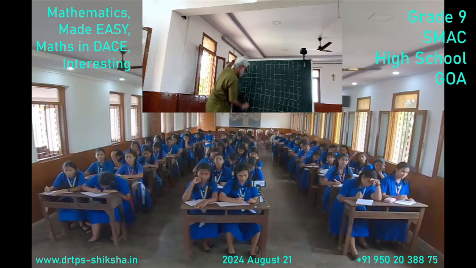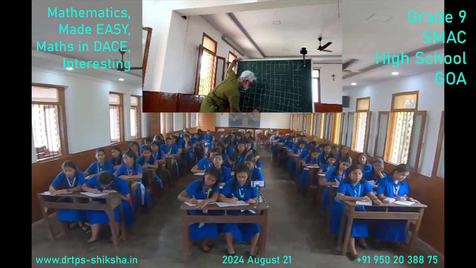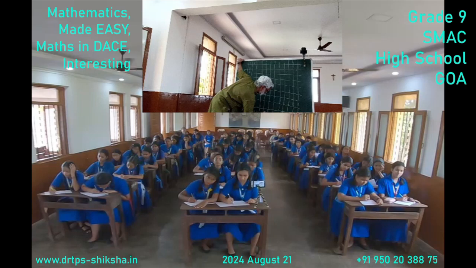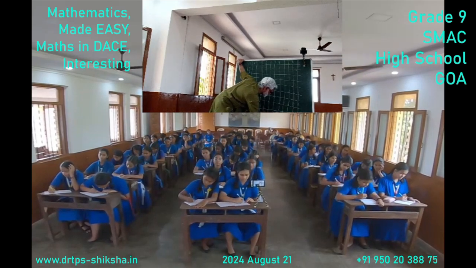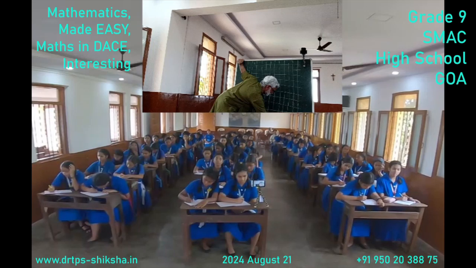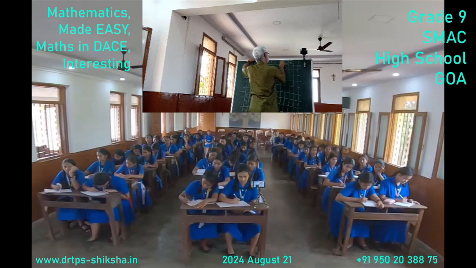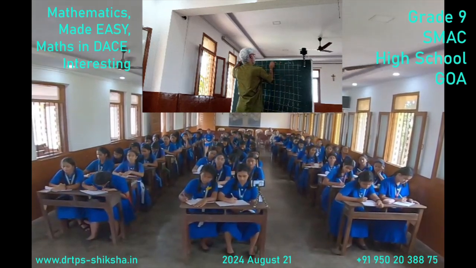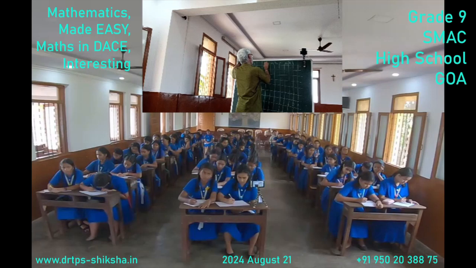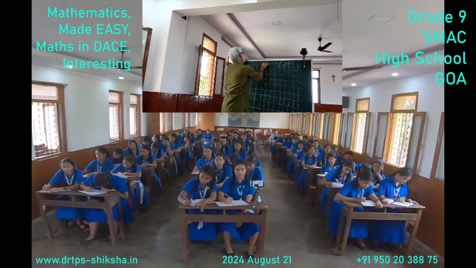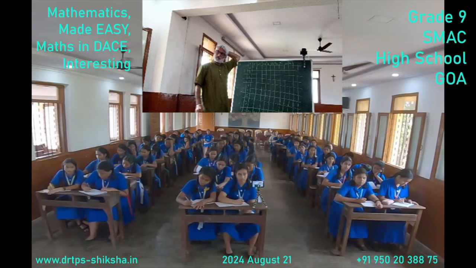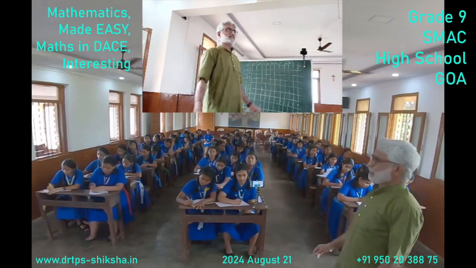Now 11, 20, 30, 40, 50, 60, 70, 80, 90, 100, 91, 81, 71, 61, 51, 41, 31, 21. Good enough. Now make a table like this.